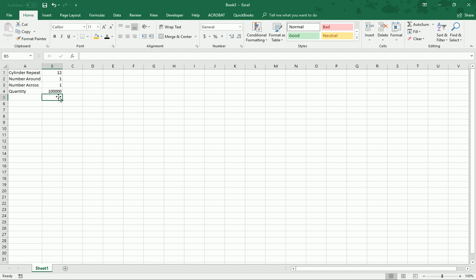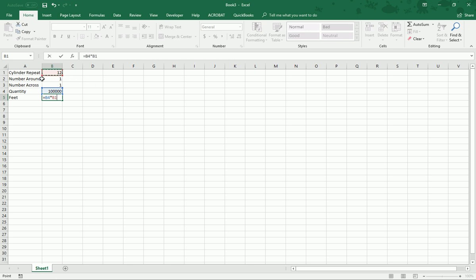So if we want to calculate the footage, so let's say feet, okay? What we do is we take the quantity, so it equals the quantity of labels, okay? Then we would have to multiply that by the cylinder repeat in inches, right? Times the cylinder repeat.